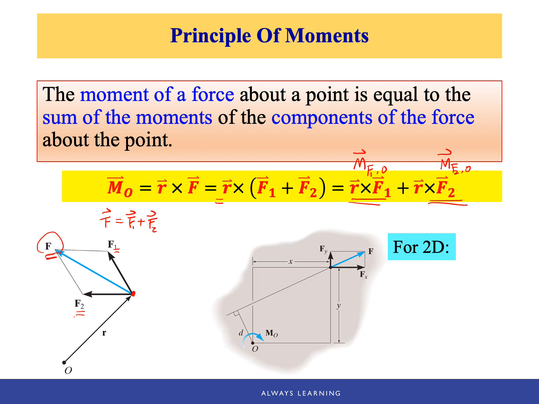So this is the general formula. And in 2D, usually it's easier to just apply the scalar formulation. We just calculate the magnitude of the moment, and then the direction will be either clockwise or counterclockwise. So in this case, if we resolve the force F into two components, Fx along the x direction and Fy along the y direction, then we'll take care of the two component forces separately to calculate the moment about the point O. So with scalar formulation, force Fx has a moment arm of, so again, moment arm is the perpendicular distance from the point O to the line of action.